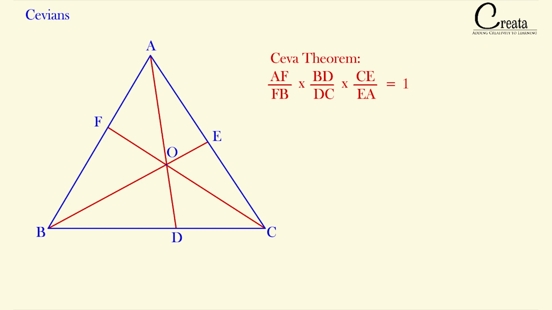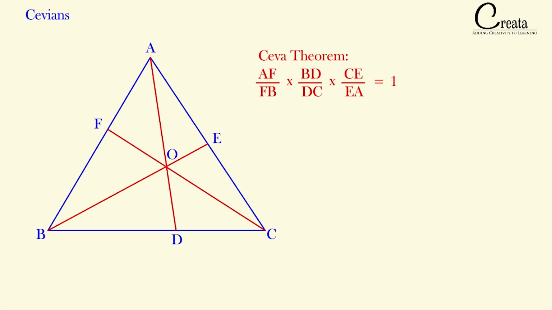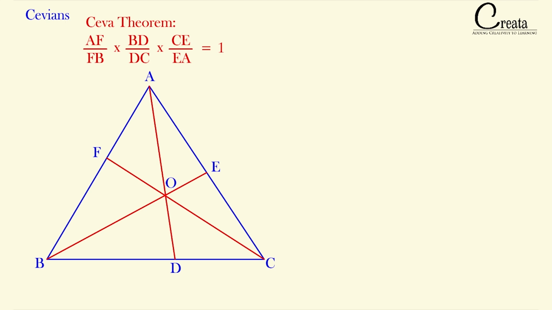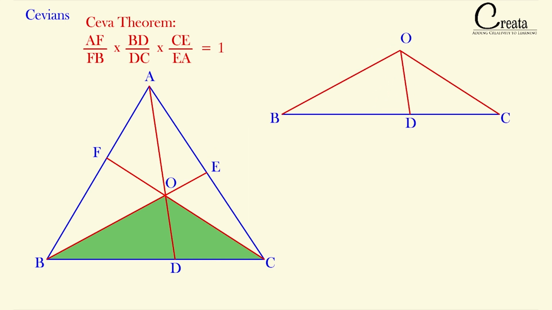The proof is also very simple. Let's see the proof of the theorem. First of all, let's segregate the triangle BOC, this complete triangle. Further, let's assume the ratio of BD to DC is a to b. Okay, this is a and this is b.